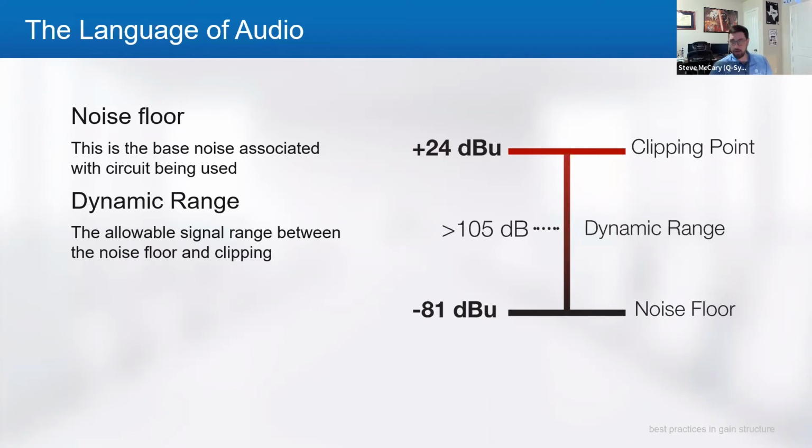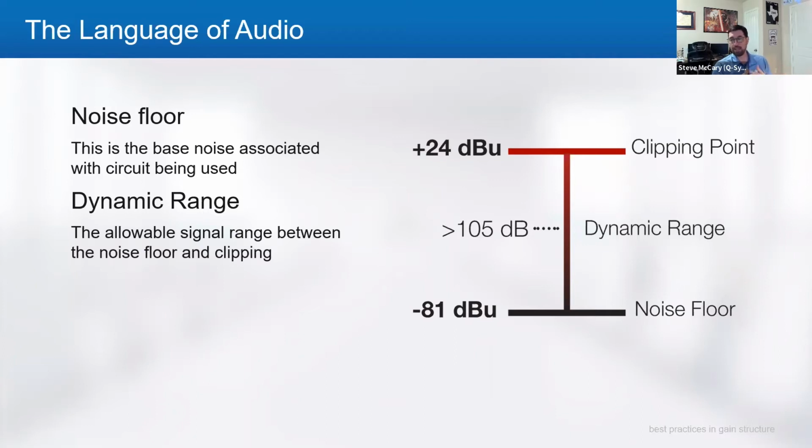So we've got our noise floor, we've got our clipping point. Everything between that is what we call our dynamic range. This is the allowable signal range between the noise floor and our clipping. You'll notice that on this, it says greater than 105 dB is the dynamic range.